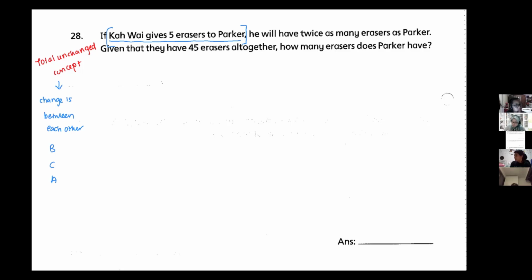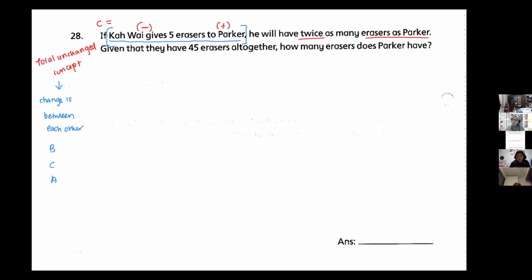Okay, so let's start. If Kawe gives 5 erasers to Parker, he will have twice as many erasers as Parker. So you know that the action of giving is my change. What happened? Kawe gives 5 erasers. Give means minus 5 to Parker.